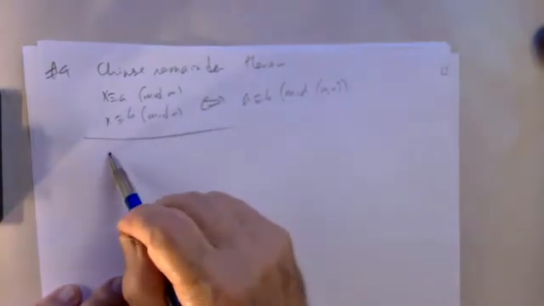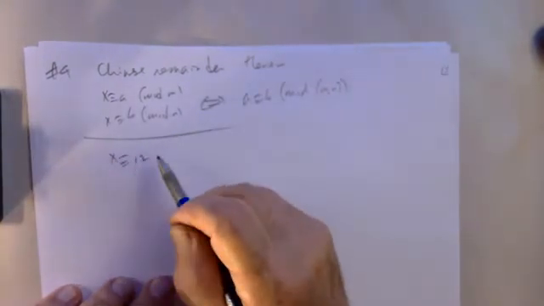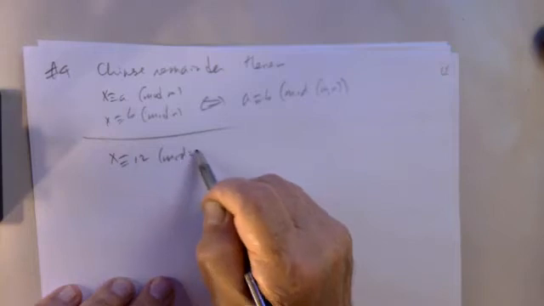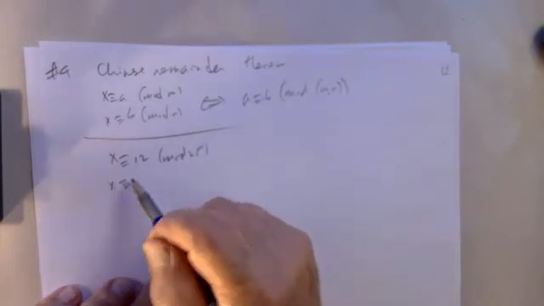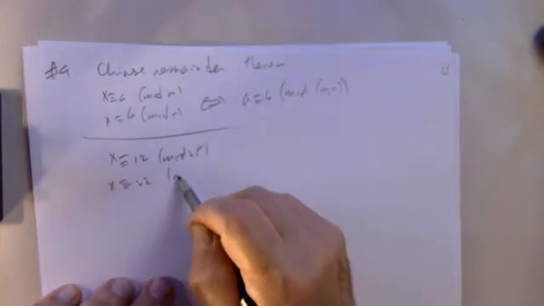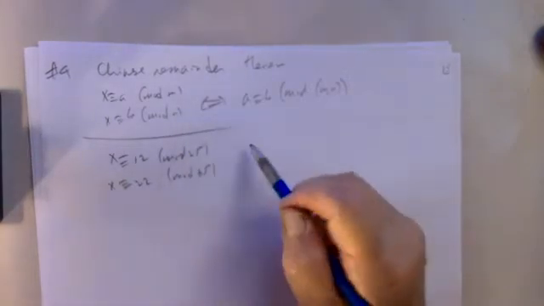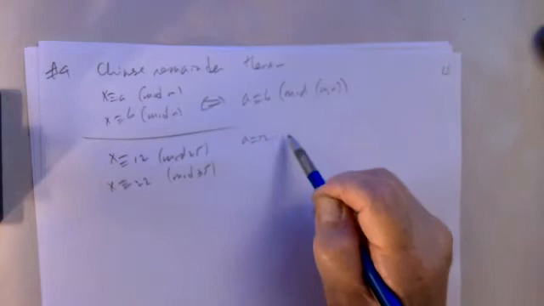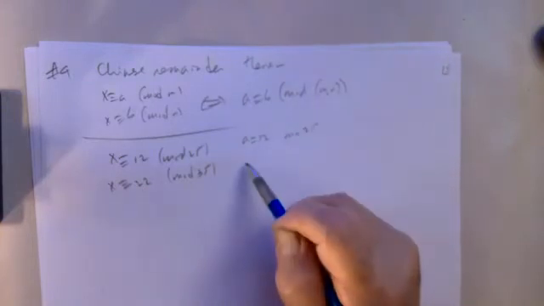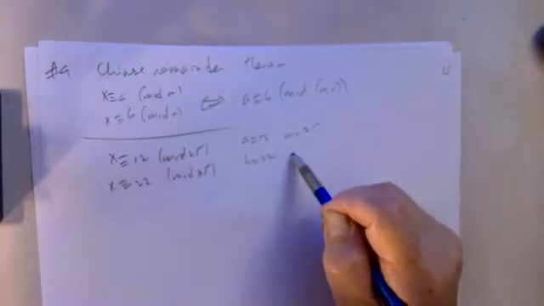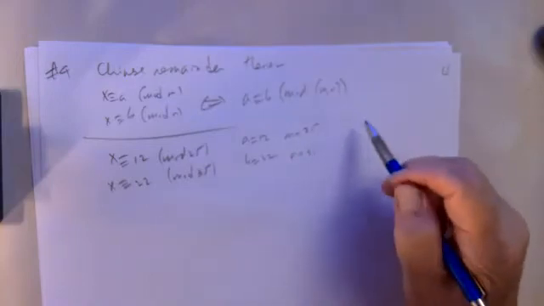So in this case, we have x congruent to 12 mod 25, x congruent to 22 mod 35. So with this notation, a is 12, m is 25, b is 22, n is 35.